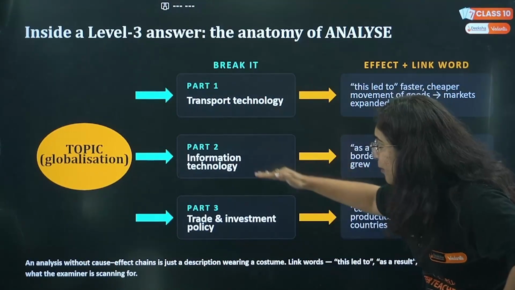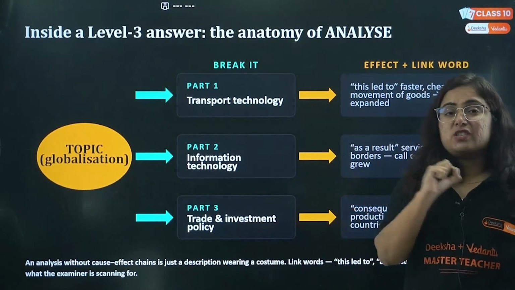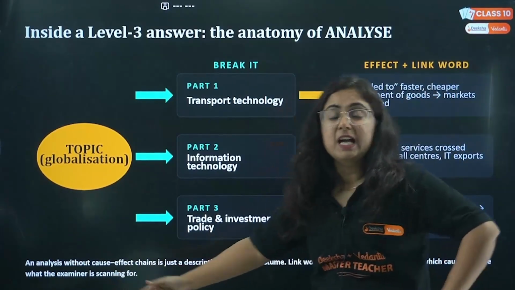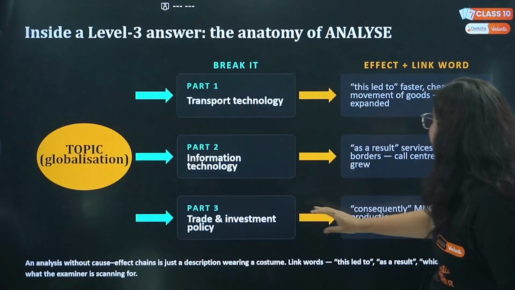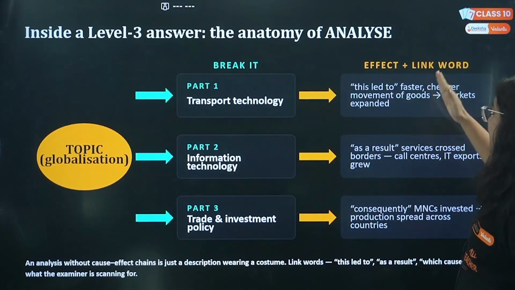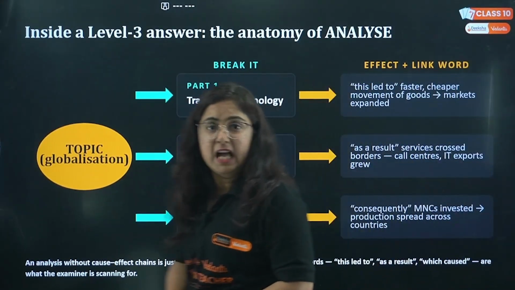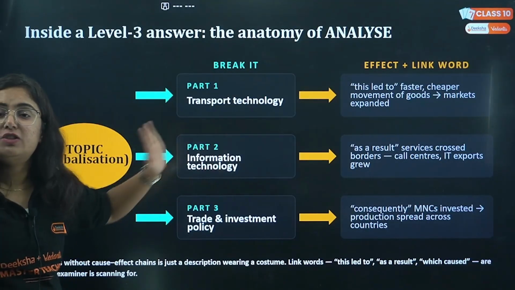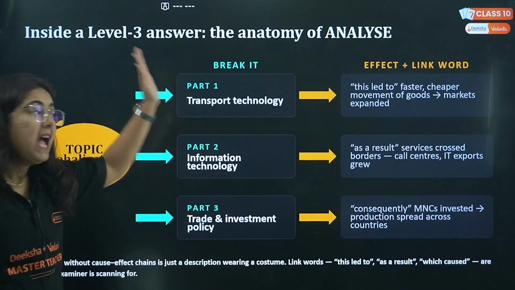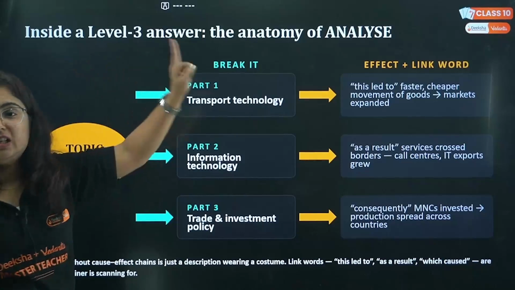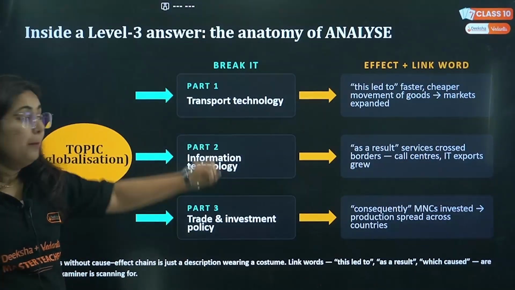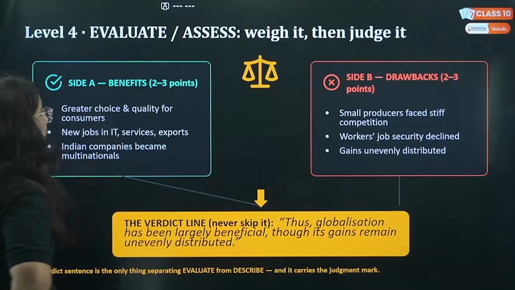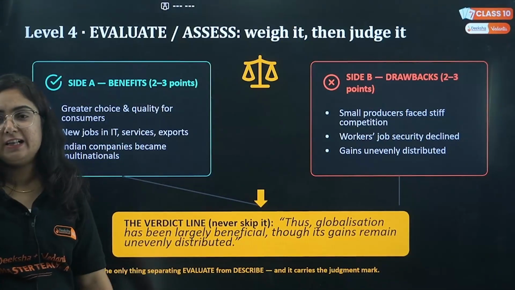There are 3 points regarding that, and the question starts with the word analyze. If it starts with the word analyze, beta, you have to divide it into parts and describe the effects plus link to the topic. How do information technology, transport and technology, and trade and investment policy affect globalization? This is what analyze means: breaking it into parts, linking it to the global world and telling the effects. This is exactly the correct method.